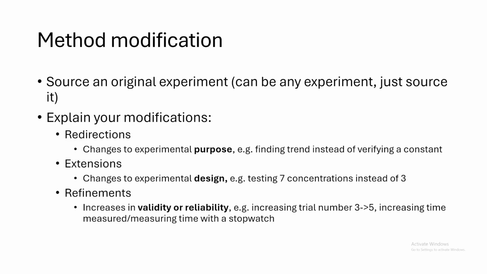And the next modification is the refinement, and this is just an increase in validity or reliability, or just a small minor change. So for example, increasing trial number, increasing the time measured, or measuring time with a stopwatch instead of human counting. So just small changes that increase the validity or reliability of the experiment by just a little bit.